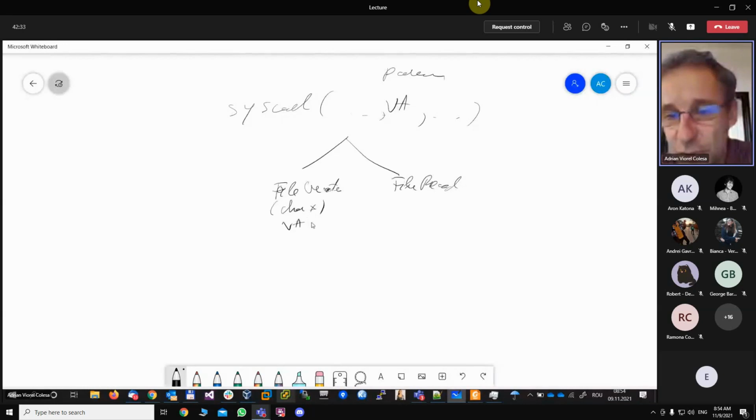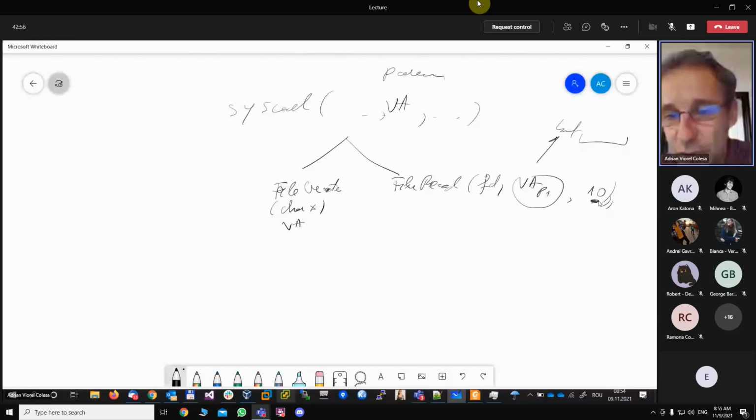For the read, we saw that we have a file handle, and we have a virtual address, which is the address of the buffer. A buffer is here, and we also must take into account the number of bytes which must be accessed inside that buffer.